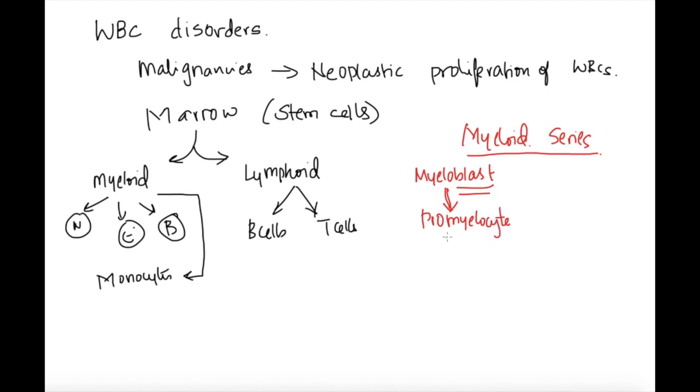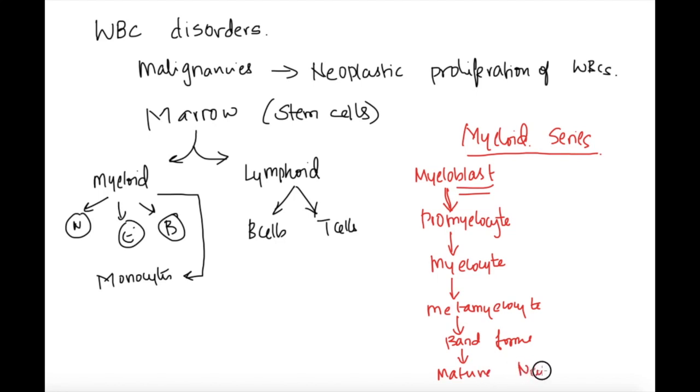It's pretty obvious that the promyelocyte gives rise to myelocyte. From myelocyte, we have the metamyelocyte. And then we have the band forms, ultimately giving rise to your mature neutrophils. Okay. This is pretty important to understand the WBC malignancies.